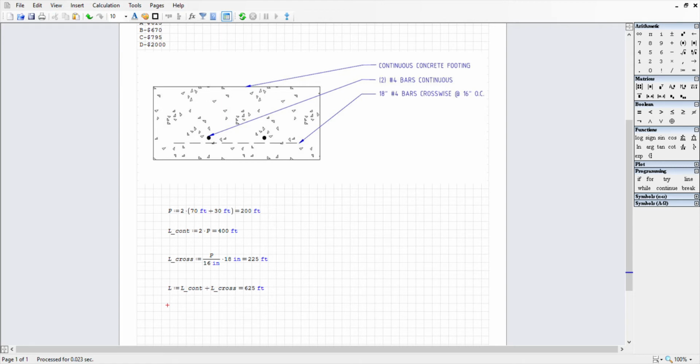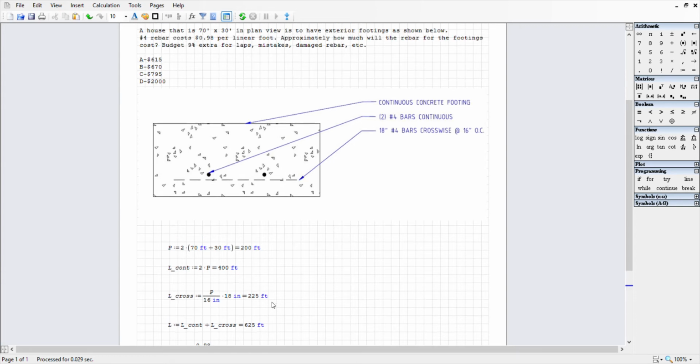Alright, so now we'll just say that the price for the rebar, I think it said 98 cents, so we'll just say 98 cents per foot. And then the cost, we'll just multiply the length, L, times the price, which gives us $612.